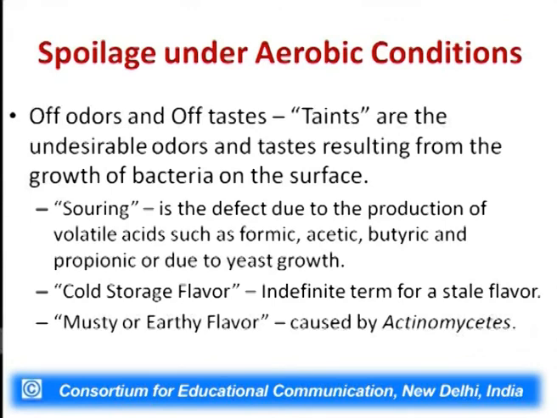Off odors and off taste, usually called taints, are also produced by the growth of aerobic bacteria on the surface of meat. There may be souring, which is the defect due to the production of volatile acids such as formic, acetic, butyric and propionic acids, or due to yeast growth.